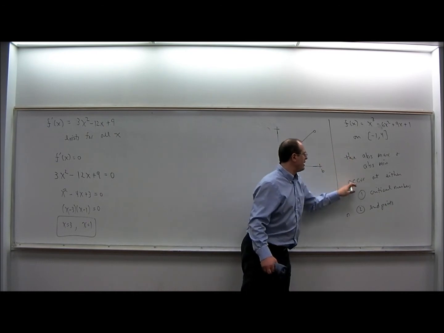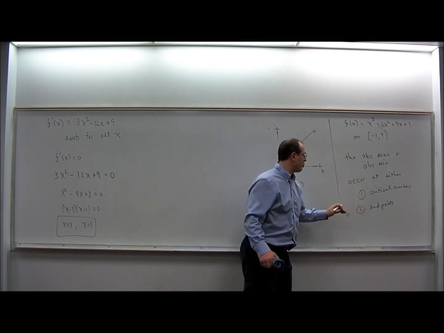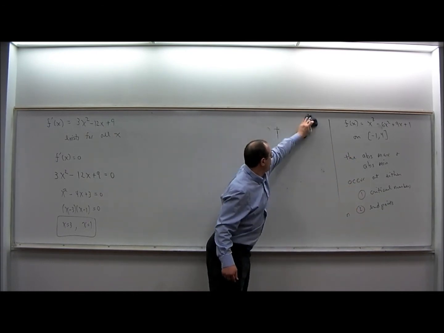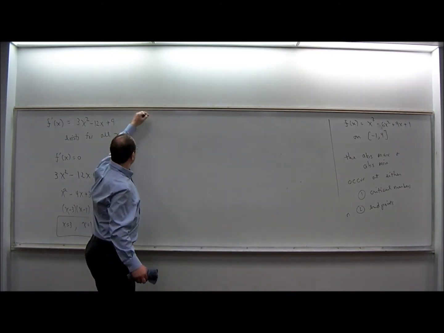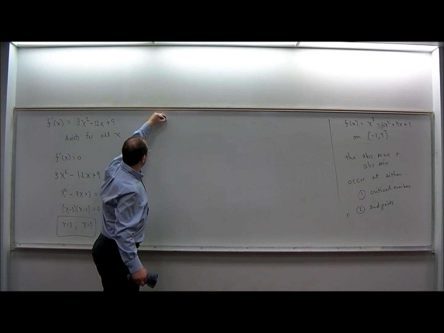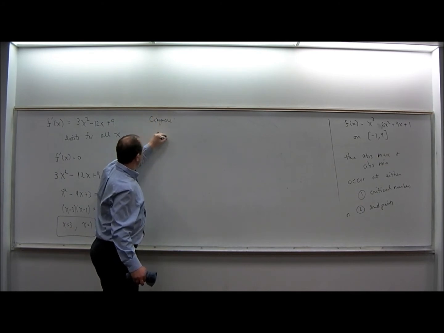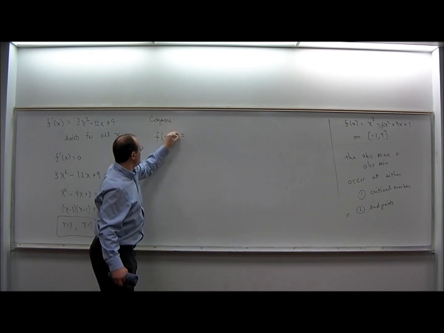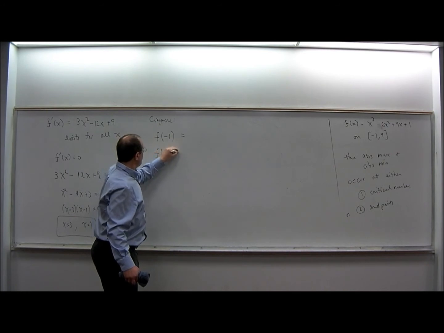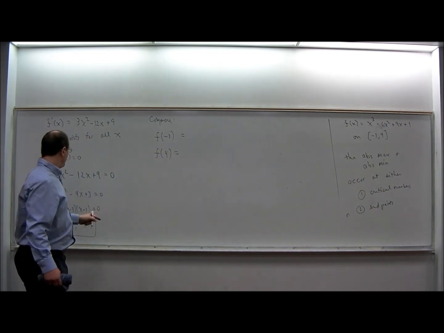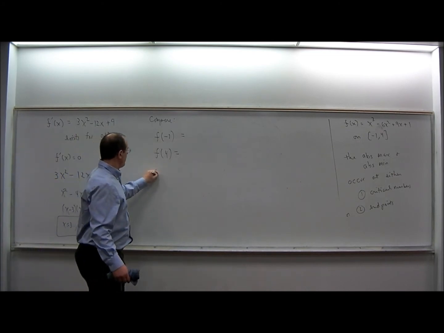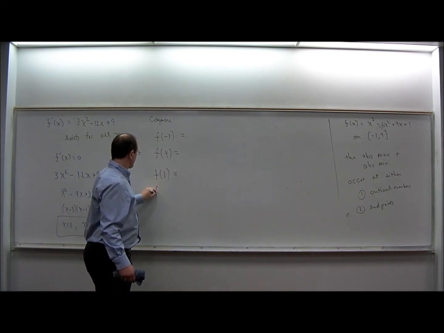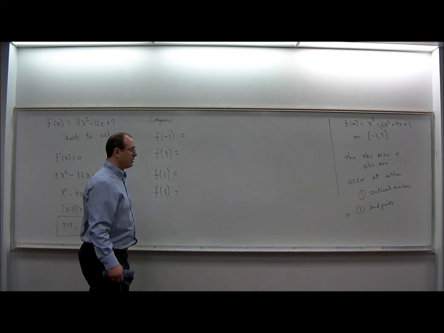They're not necessarily the solutions to our problem. The max and the min occur at either of these critical numbers or the endpoints. So essentially what I'm saying here is that we have 4 candidates. We now have to compare function values: the function value at the left end, the function value at the right end, and the function values at the critical numbers, so f of 1 and f of 3.